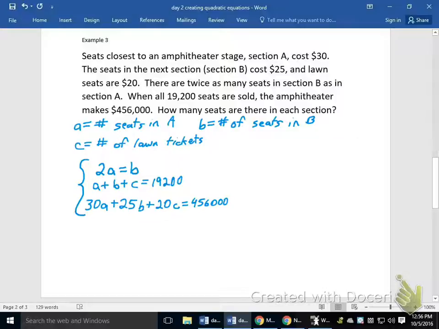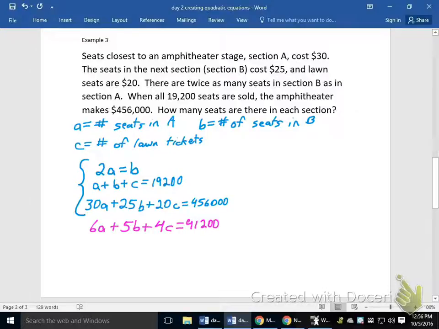To do that, what I would personally do is substitute in for B on both of these equations. And actually, at the very beginning, I would divide out a common factor of 5 right here to make the numbers a little bit less big. So I'm going to change that third equation really quick to 6A plus 5B plus 4C equals 91,200.